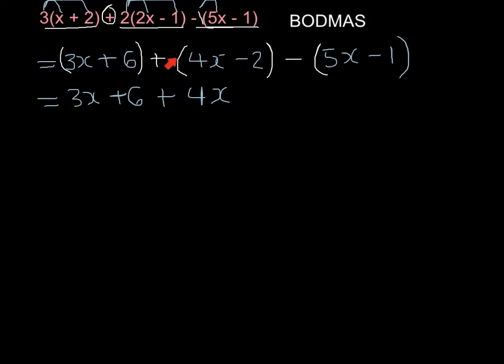Then we're going to have plus -2, and we know if we're adding a negative number, it's the same as subtracting a positive number, so that becomes subtract 2. In this last one, we've got subtract 5x, and that will be subtract 5x. And here we've got subtract -1, and if we're subtracting a negative number, that's the same as adding, so that becomes plus 1.